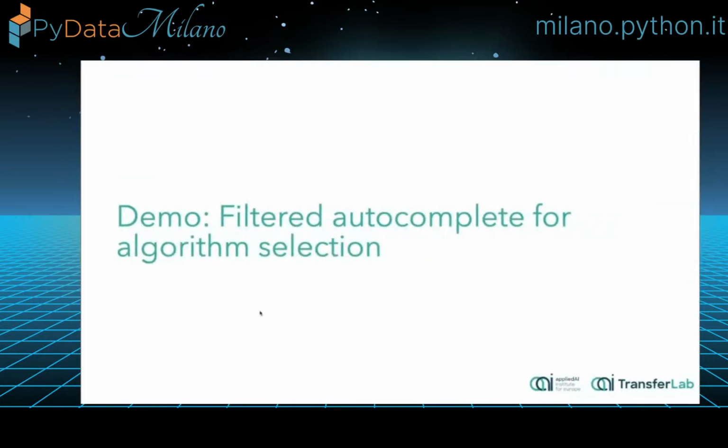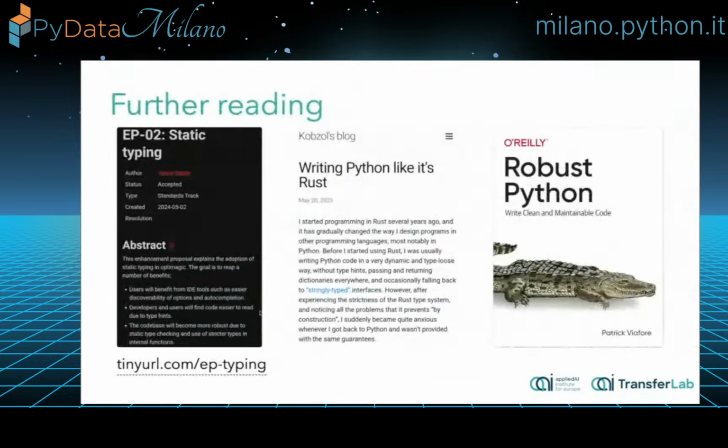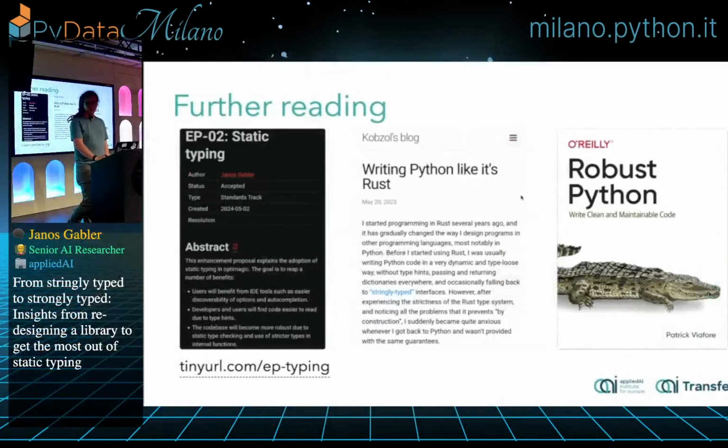To wrap things up, if you want to read more on this topic of how you could change your code or a library that you're working on to use these concepts and make the library more user-friendly, before we made the changes, we wrote up a detailed enhancement proposal that explains why we do this and what we want to do.